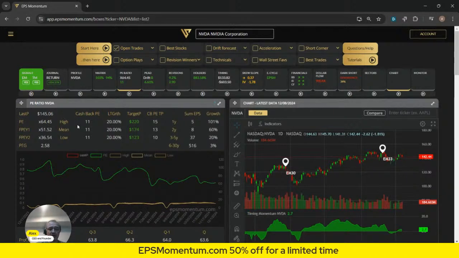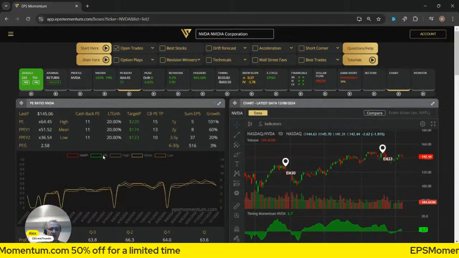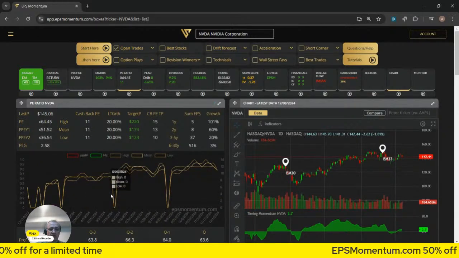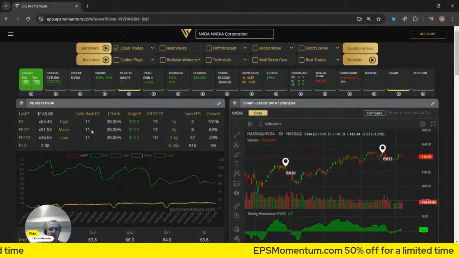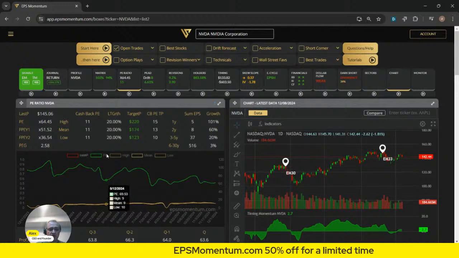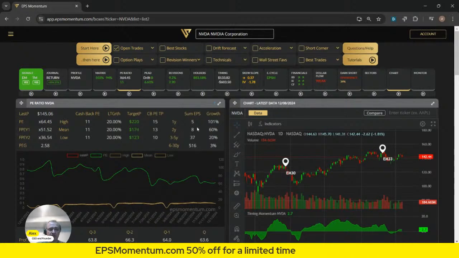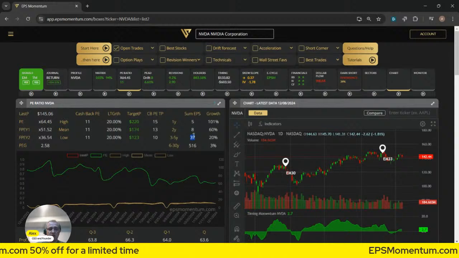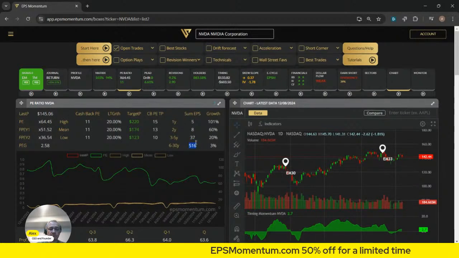Maybe or maybe not. What we do here is we take the PE ratio, and then we calculate the earnings that you're going to get on year 1, 2, 3, 5, and 6, 30, right?